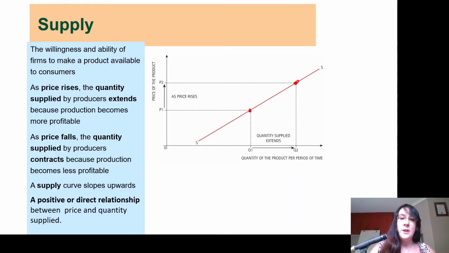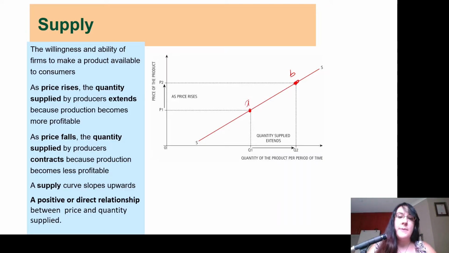We can actually look at it in terms of extensions and contractions, again in terms of the movement along the supply curve. So this is a movement along the supply curve. So I can say this could be point A and this could be point B. And if I'm moving from A to point B, I can see that the price is increasing and the quantity supplied is increasing as well.